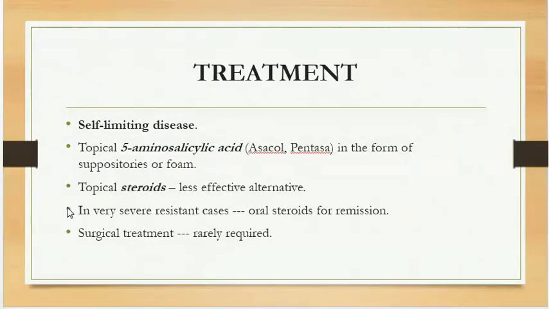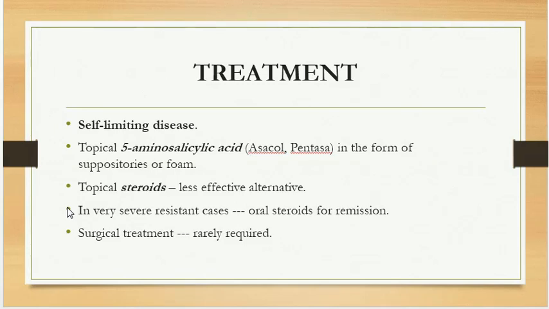As far as the treatment is concerned, in many patients, proctitis is a self-limiting disease. But topical use of 5-aminosalicylic acid in the form of Asacol, Pentasa is used in the form of suppositories or in the form of foam for topical use.